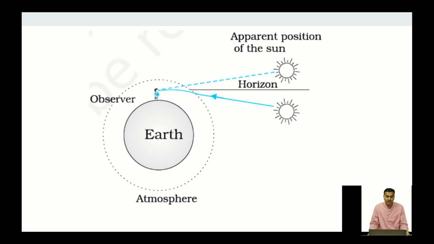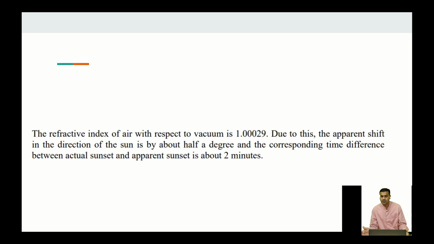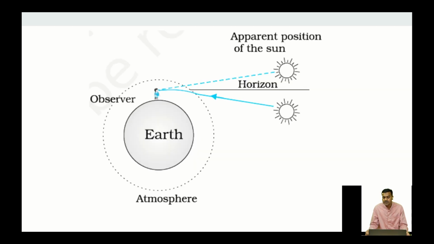Usually we take the refractive index of air as 1, and if I neglect the small terms, then definitely the refractive index of air is 1. But if I take the actual figure of air with respect to vacuum, then it is 1.00029, slightly greater than vacuum.